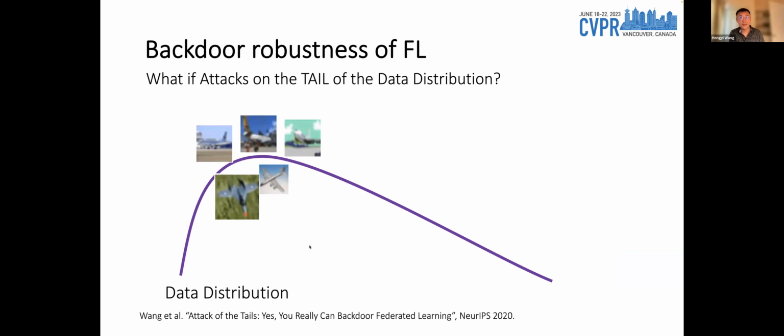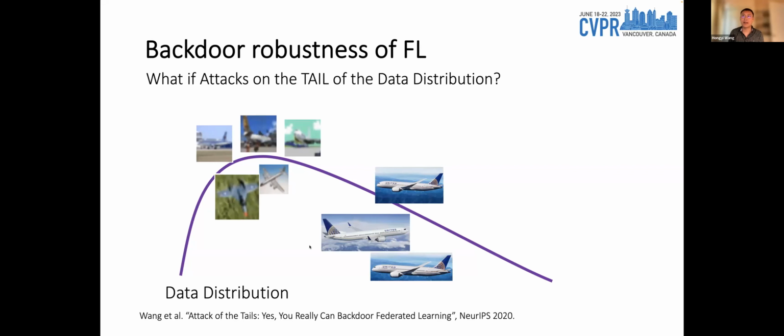The common airplane images, taken from the CIFAR dataset, are the type of airplane we observe every day, a normal sample from the CIFAR distribution. There might be something less common, let's say an airplane of a certain airline, such as United Airlines.